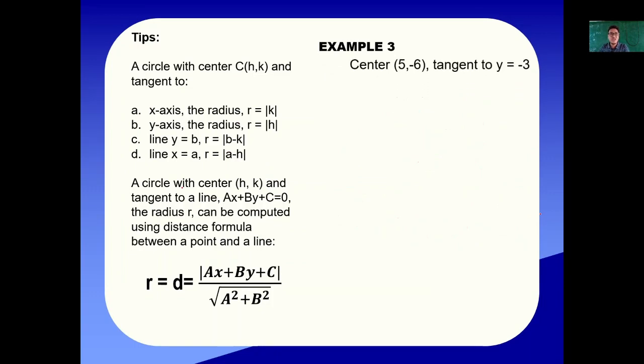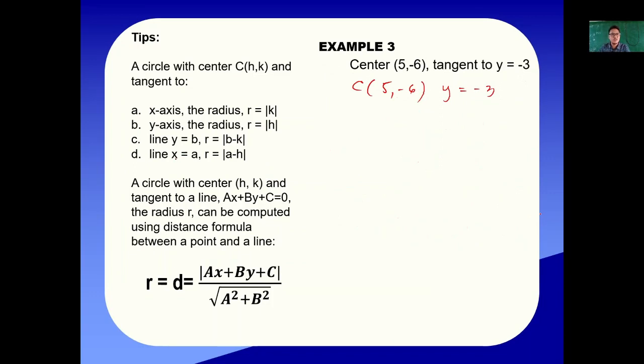What if the y-axis and x-axis have a value? How do we get the radius? Again, our center is (5, -6) and our line is y = -3.